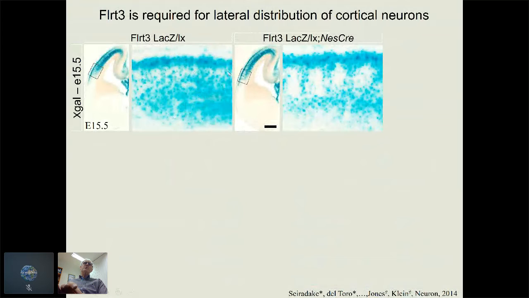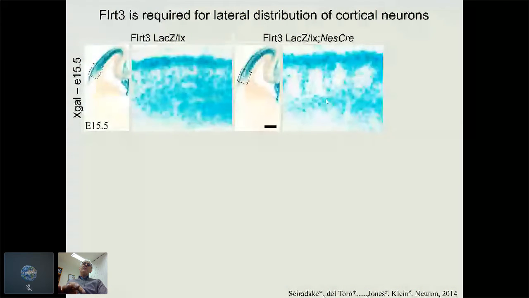And in a normal situation where they still have one functional copy of FLRT3, they distribute quite nicely in the cortex, at least here in this lateral region. If, however, we use the Nestin-Cre driver and remove the last remaining functional copy of FLRT3, the cells show a different migration pattern. They seem to be migrating in these columns. So we could easily see some areas where there are no blue cells.